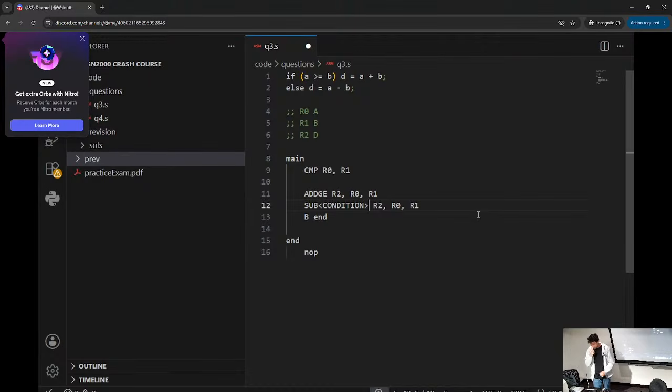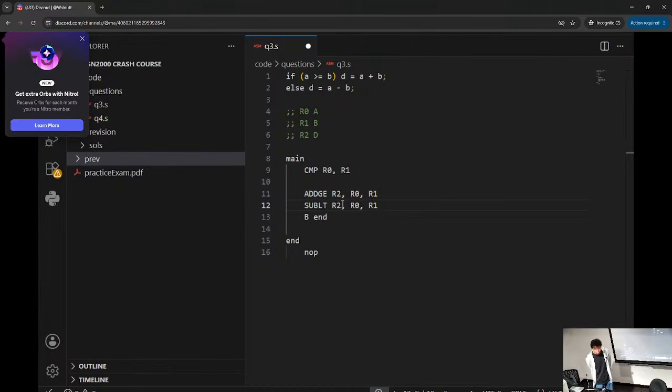It only executes if this one doesn't. So we can find the opposite condition of GE. What's the opposite of greater than or equal to? Exactly, less than. So we add a less than condition there, and now this should be a working solution.